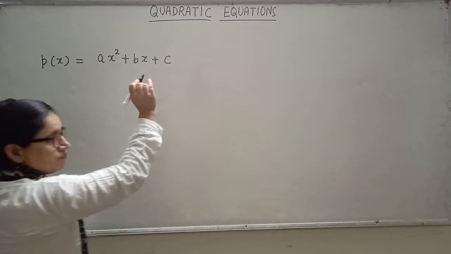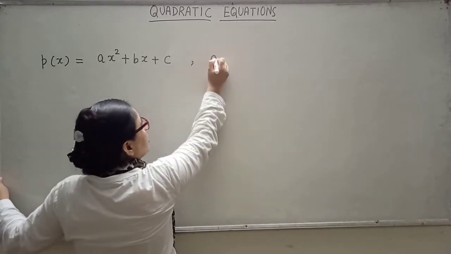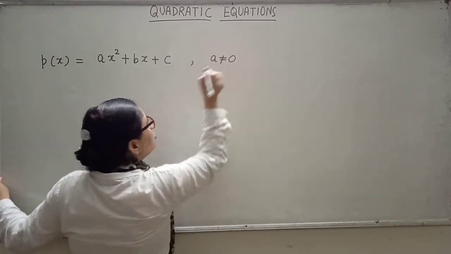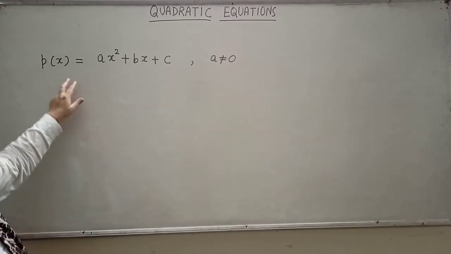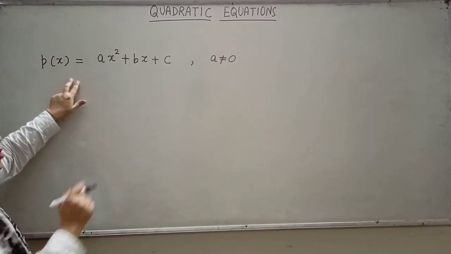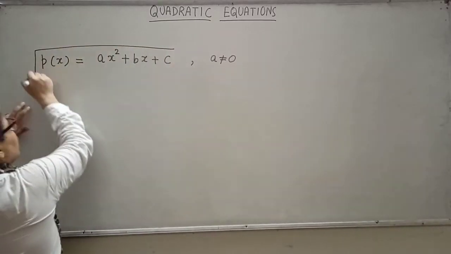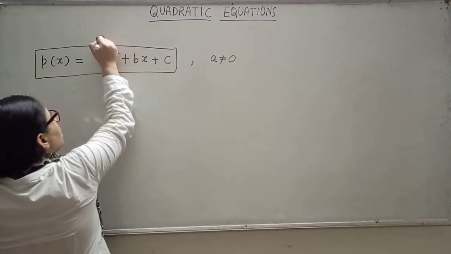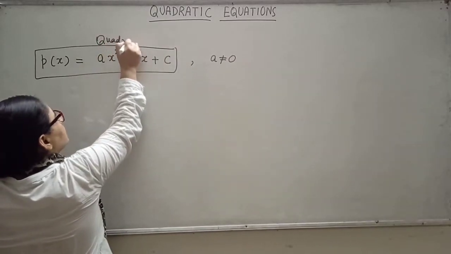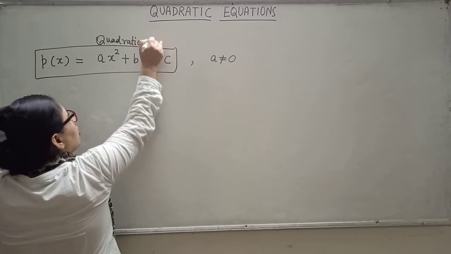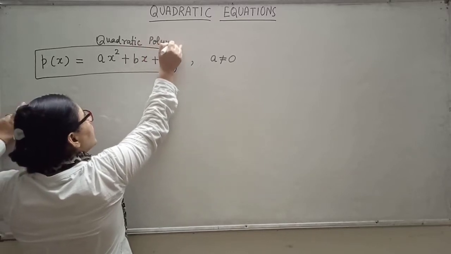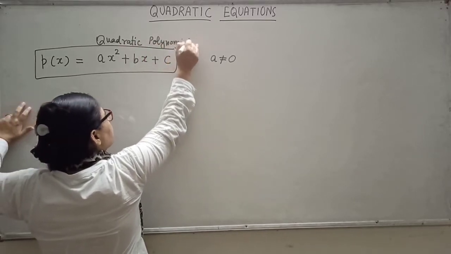Here a can never be equal to 0. This is the quadratic polynomial, about which you have already studied in your second chapter.